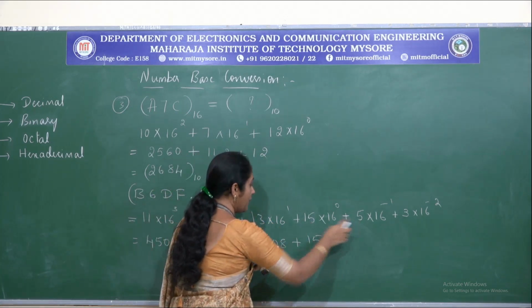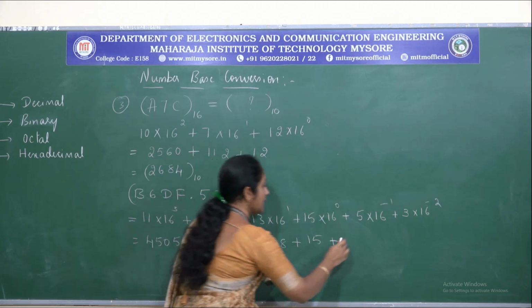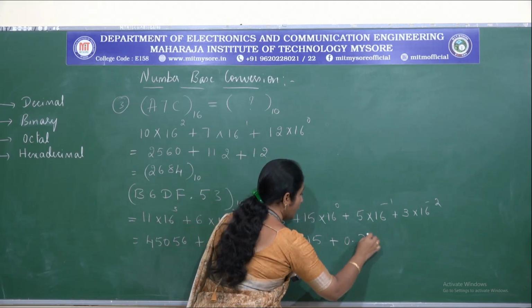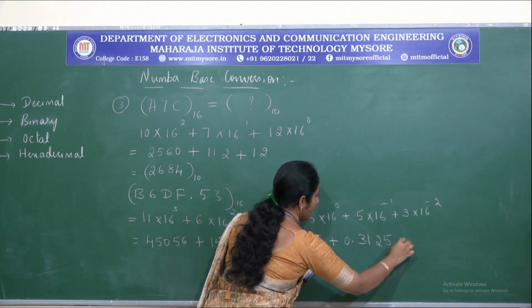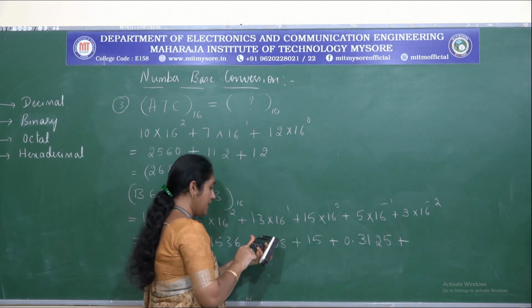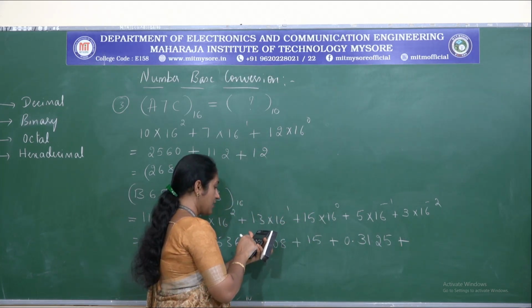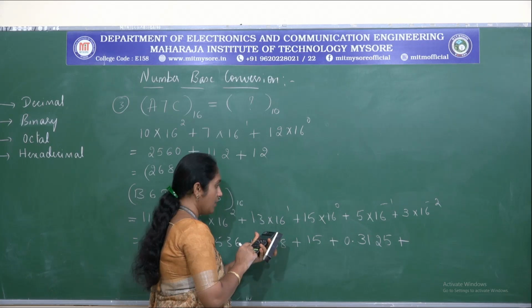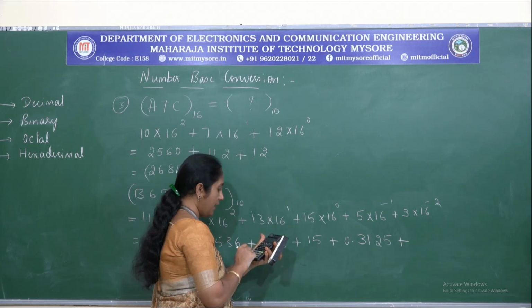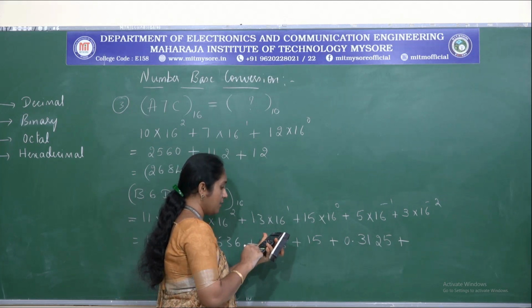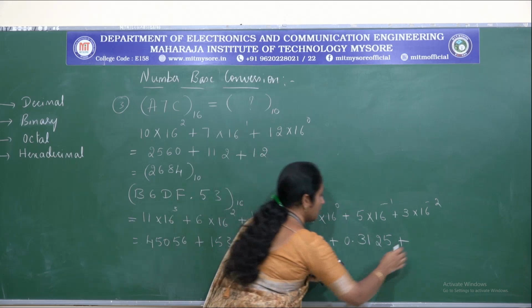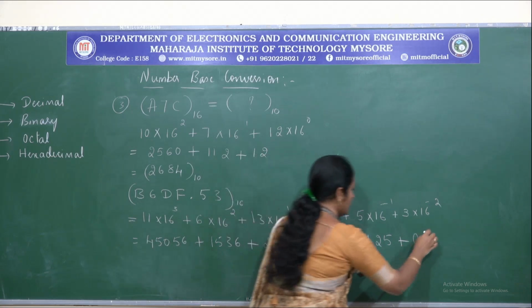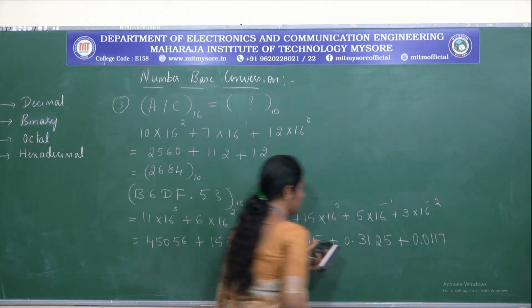Then the fractional part, 5 divided by 16 is 0.3125 plus next is 3 by 16 square, 3 divided by 16 square is 0.0117.